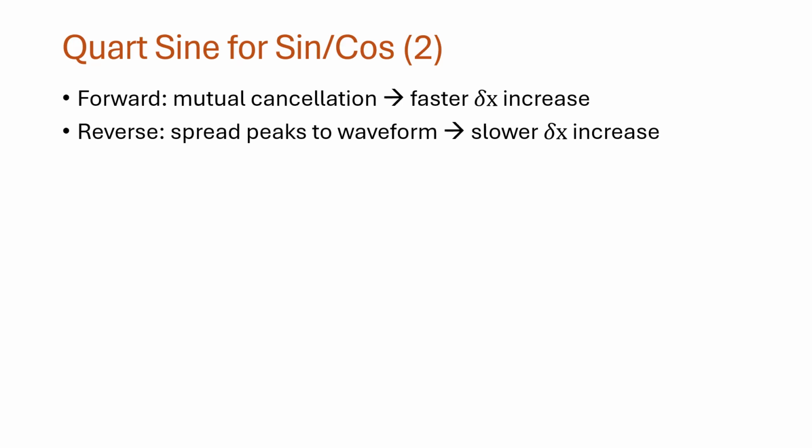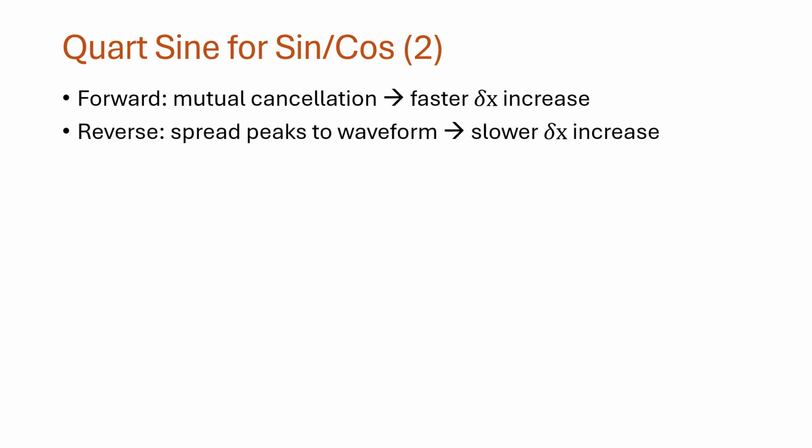And then we have to look at a little bit more detail. Suppose we do not add any noise, and for the spectrum itself, for the sine and cosine, they are mostly 0 except at 2 peaks. So for the forward transformation, we have to use mutual cancellation to get rid of data in all places except at the 2 peaks.